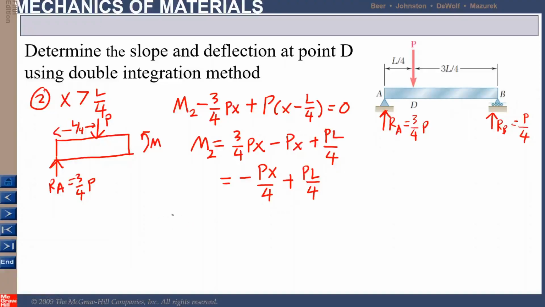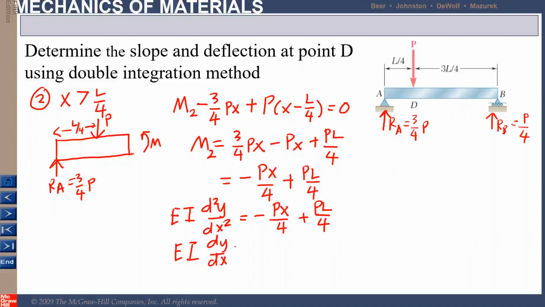Let's use the double integration method to get the second elastic curve equation. EI d²y over dx² is equal to minus Px over 4 plus PL over 4. Integrating once, EI dy/dx is equal to minus Px² over 8 plus PLx over 4 plus c3.